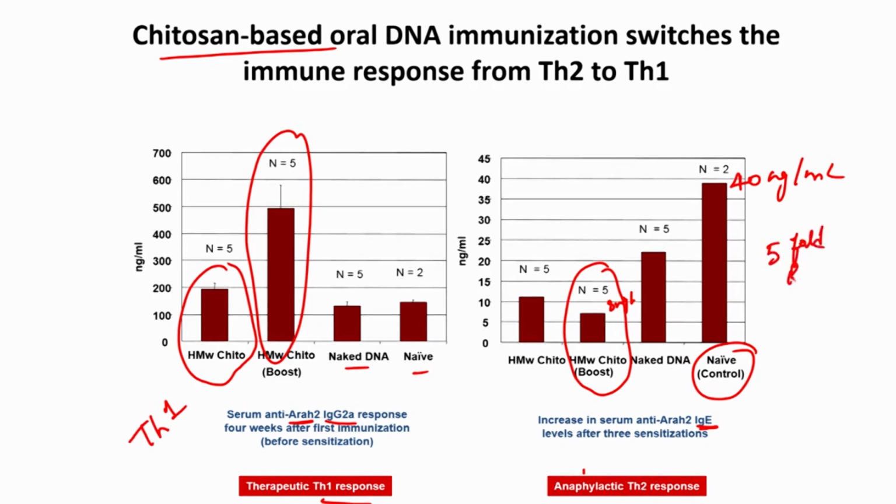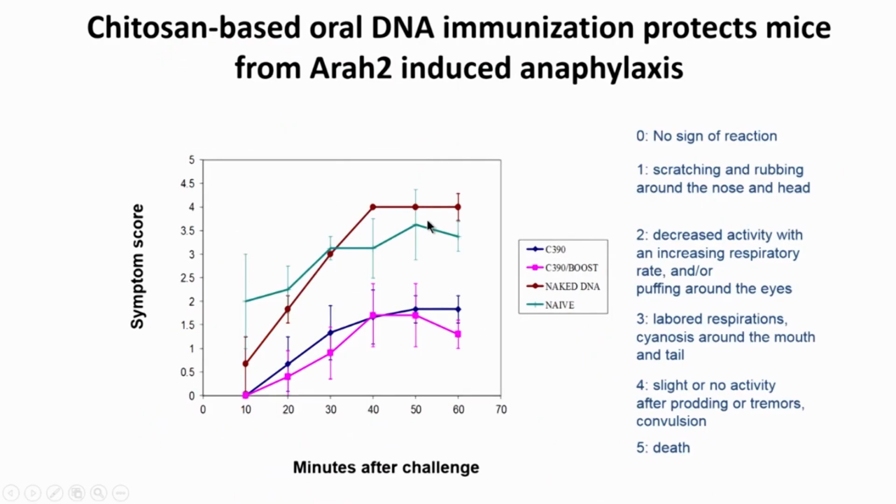So, 5-fold reduction in a bad response in this particular case, and similarly about 4-fold increase in a more Th1 response. So, here is some more example of that.